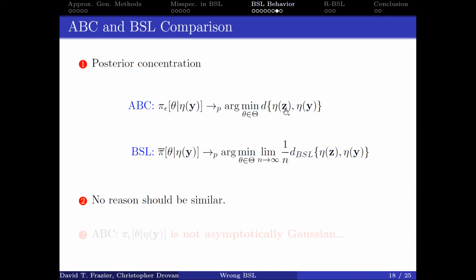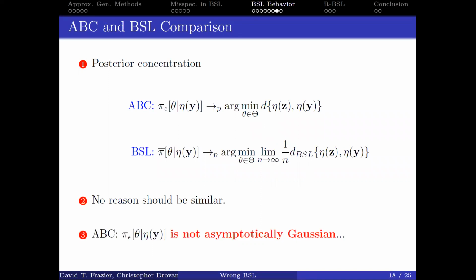Now, it's the limit of this, I'm being sloppy here. In the BSL case, it's similar in the sense that you converge onto the limit of the minimizer of the BSL criterion, but again, there's no reason to suspect that this is a unique point. Moreover, there's no reason to suspect that these two limit problems should give me the same value.